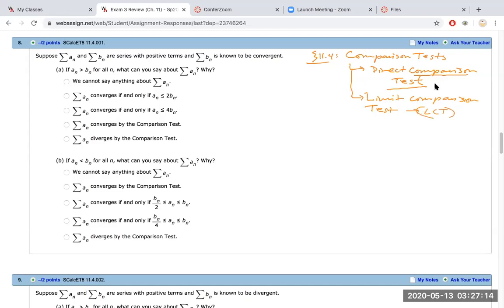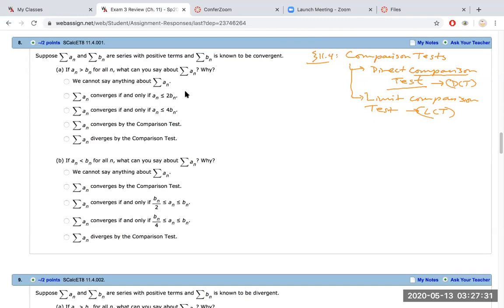So if you see me do it, I usually refer to it as DCT and LCT. So basically, review my notes on this. I'll go through some of these details, but here's what we have for this particular problem.